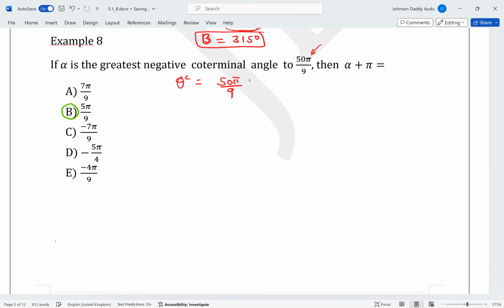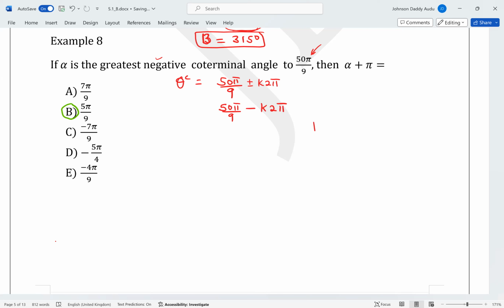And we have plus or minus k times 2 pi in this case. Now, since this is positive and you want to have something that is negative, we have to use the negative. So it will be minus k times 2 pi. Now, you keep subtracting 2 pi until you meet the first negative angle. That will be your greatest negative coterminal.